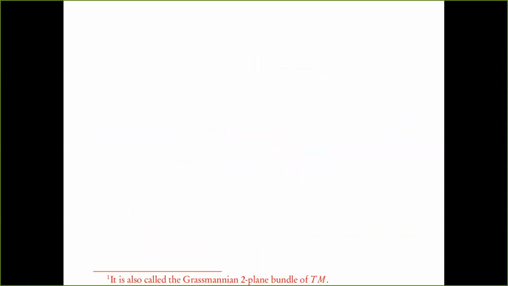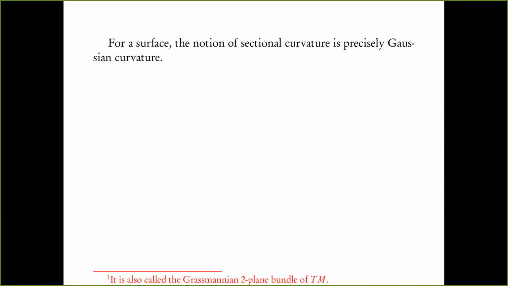Okay, good. So let me move on. Of course you might want to start with the basic example of a surface. Think of a surface, not just in R3, but an abstract surface. What is the notion of sectional curvature? Well, it's saying choose a 2-plane in TPM, but TPM is itself a 2-plane because M is 2-dimensional. So the only 2-plane that you can choose is TPM.